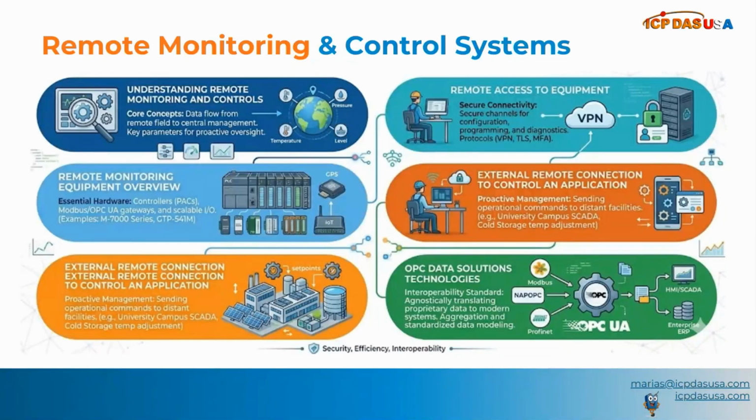This data is then protected by a secure bridge of VPNs and multi-factor authentication, ensuring that all remote programming and diagnostics remain encrypted and safe from external threats. To ensure all these systems communicate, OPC data solutions act as the universal translator, converting various proprietary protocols into a standardized format.